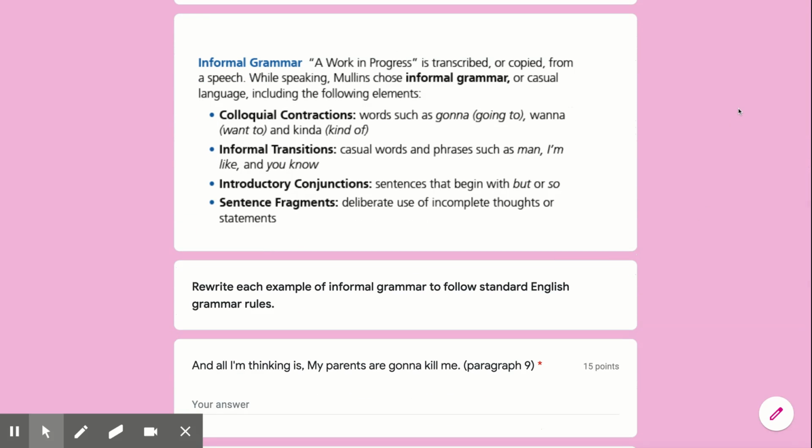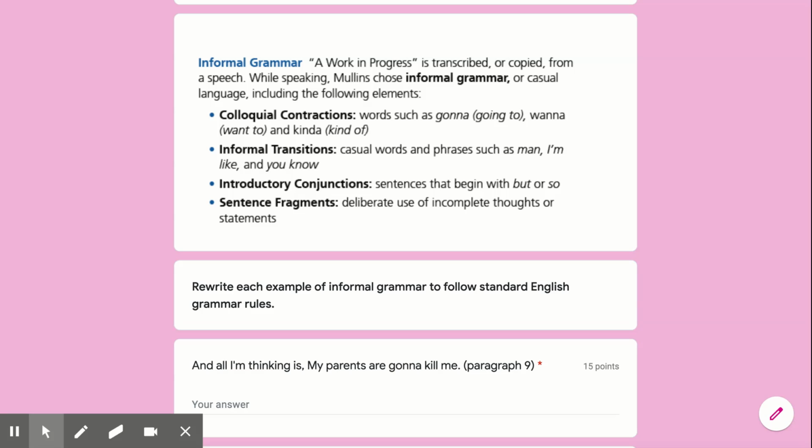Informal grammar. A work in progress is transcribed or copied from a speech. While speaking, Mullins chose informal grammar or casual language, including the following elements: colloquial contractions, words such as gonna (going to), wanna (want to), and kinda (kind of).